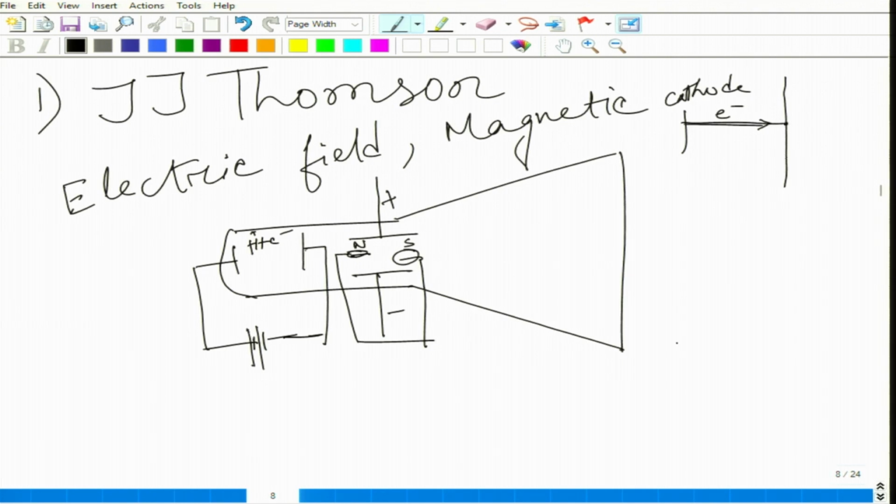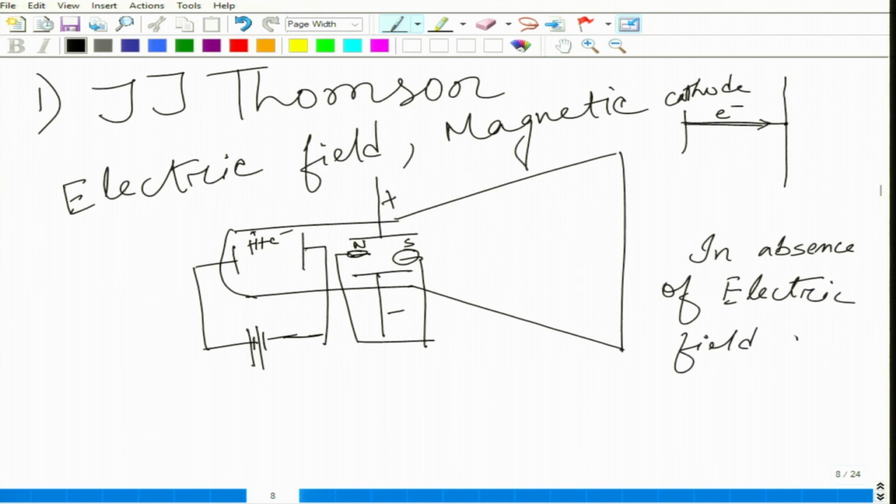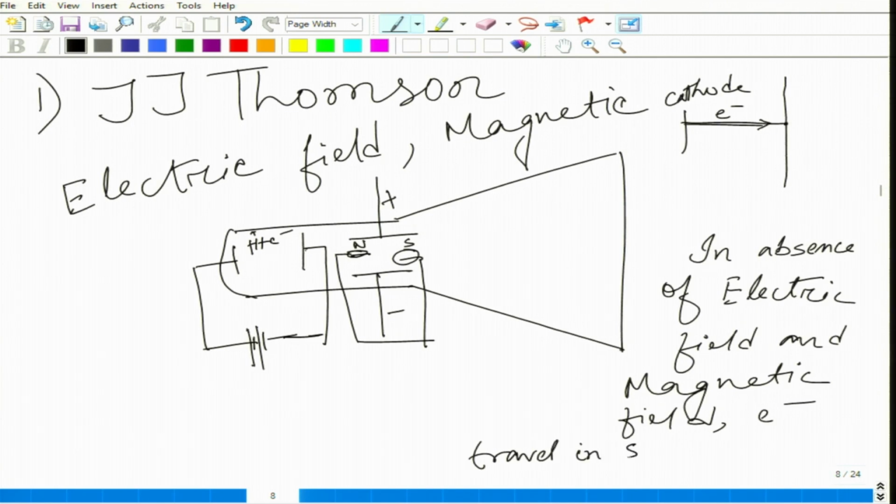As we had studied from the cathode ray experiment, in the absence of electric field and magnetic field, electrons travel in a straight line.